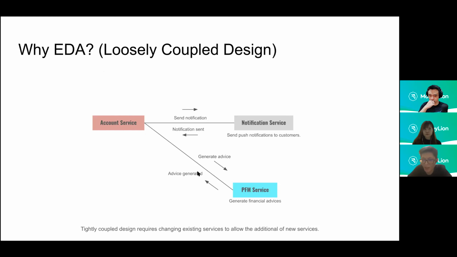As you can see, you need to send 2 requests, and each of them will respond to the account service. So the first problem you can see here is that this requires changes to the account service. We'll talk more about the problems, but let's see how event architecture can solve this.